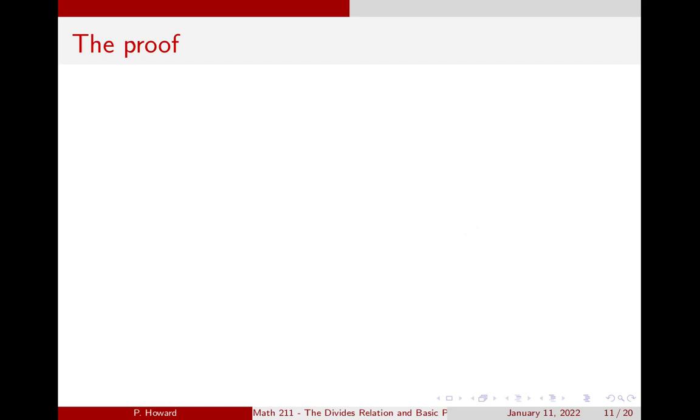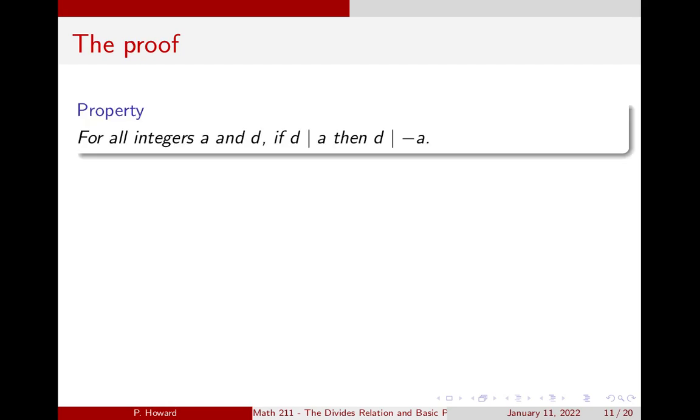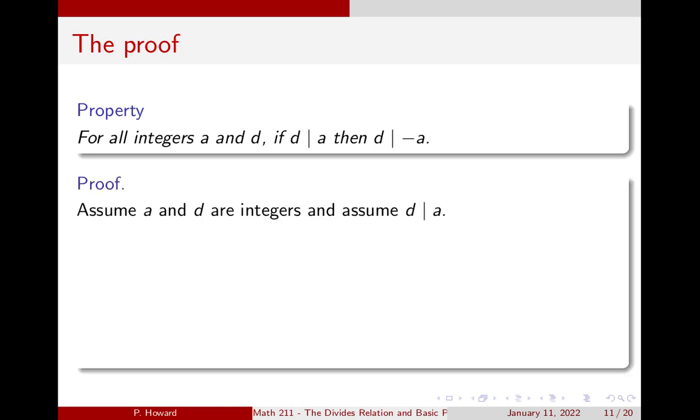So now let's look at the proof. We are proving for all integers a and d, if d divides a, then d divides minus a. Step 1, assume a and d are integers and that d divides a. We have written down our assumptions.